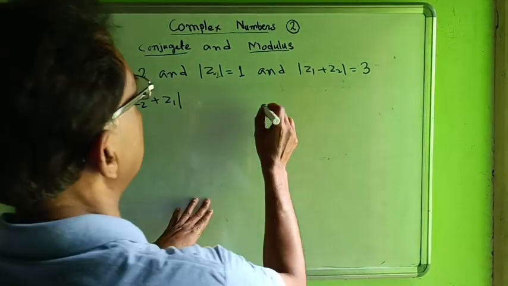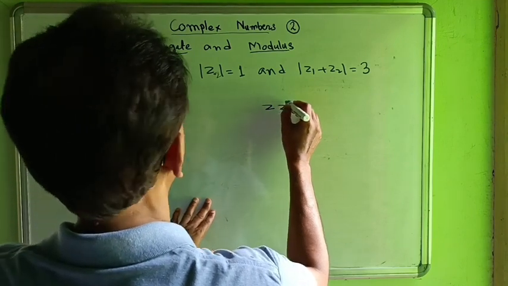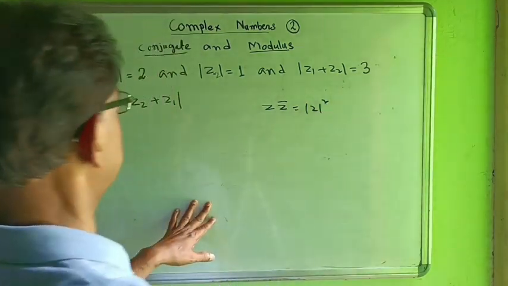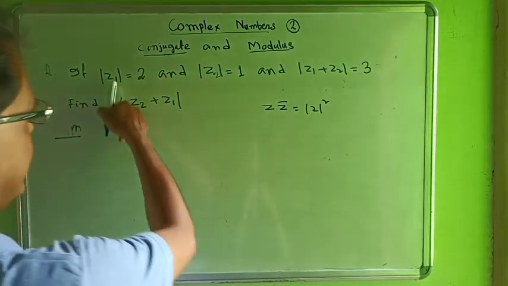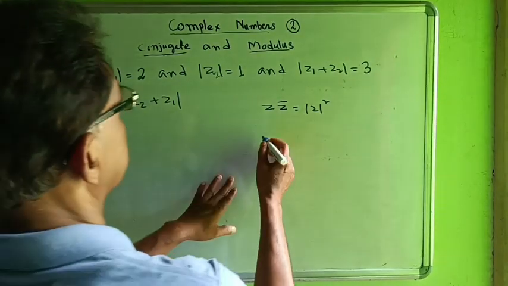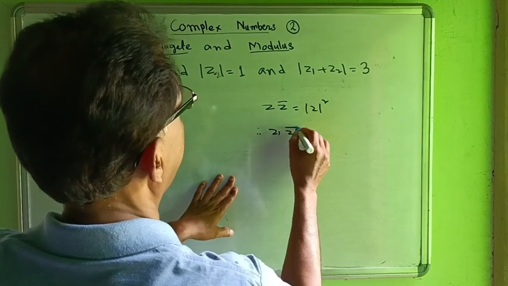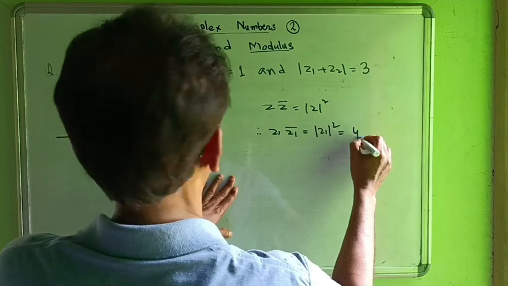We know Z Z bar is equal to mod of Z square. Here, Z1 Z1 bar is equal to mod of Z1 square. This is equal to 4.